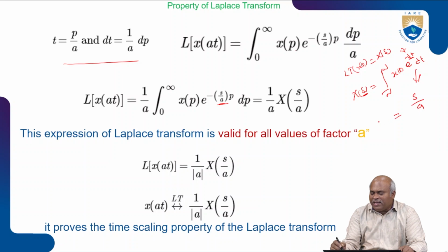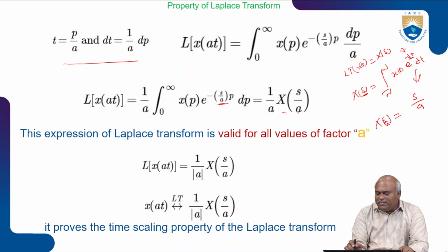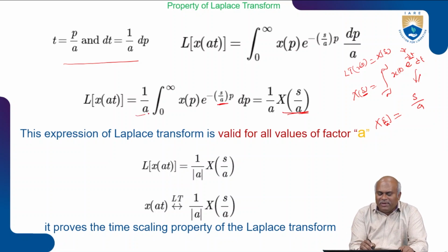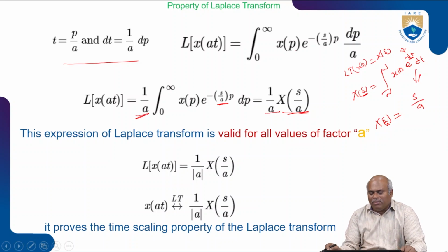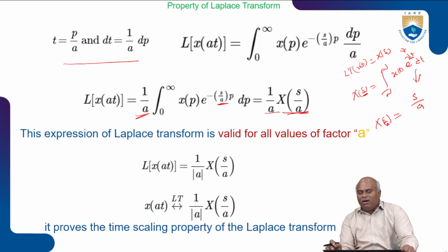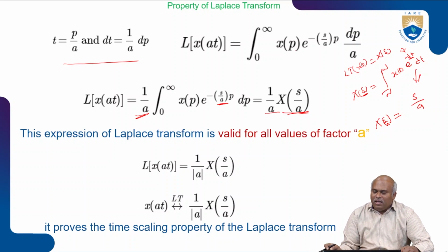That's why I write x of s by a here. The remaining portion is 1 by a, which we take out. This expression of the Laplace transform is valid for all values of a. Then the Laplace transform of x of at is equal to 1 by mod of a x of s divided by a.